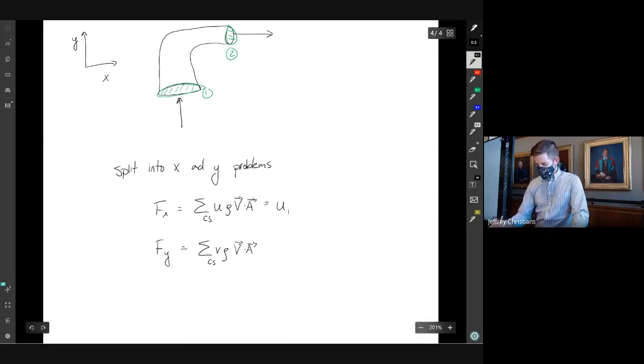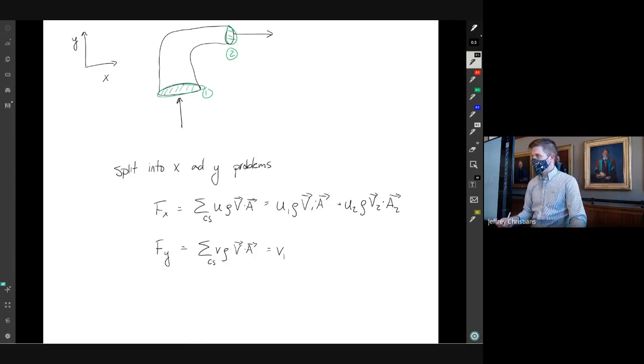We have 2 surfaces, so it will be U1 rho V1 dot A1 plus U2 rho V2 dot A2. This is going to be equal to little v1, which, right, little v is the Y component of the velocity.